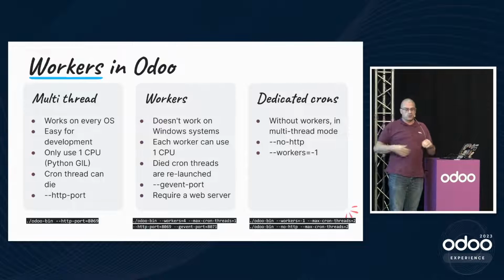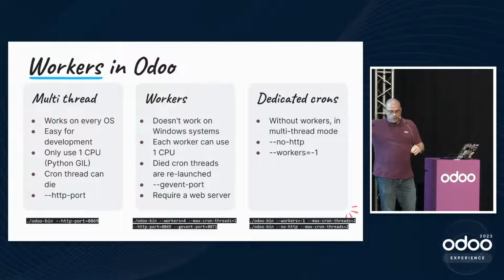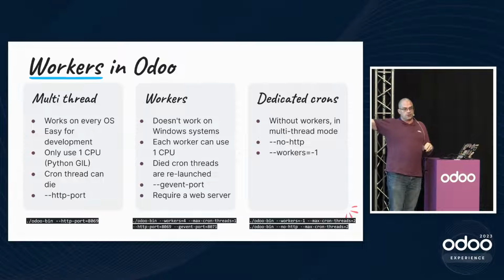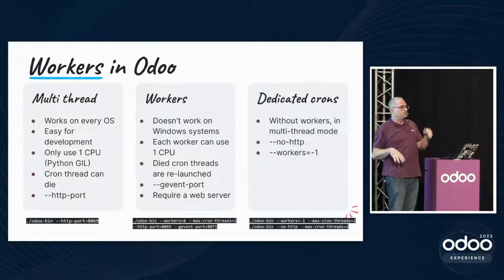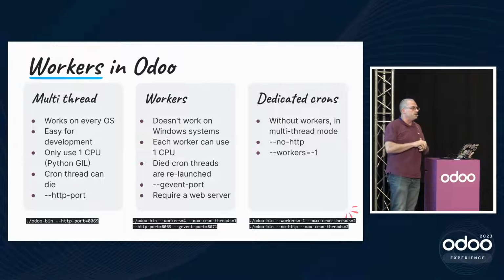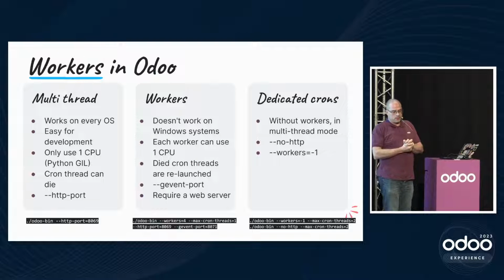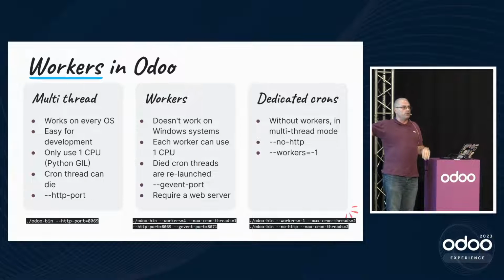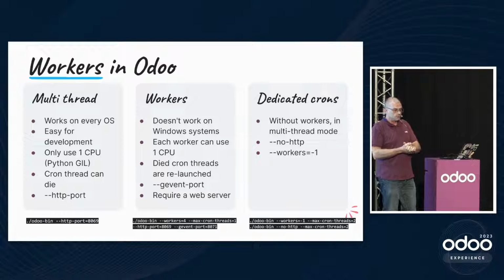So it's -1, and you specify the number of cron threads. The option is called cron threads, even if it's processes. So it's not the best naming of an option, but here it is. The other option is to launch with the --no-http option. The --no-http option means do not launch HTTP workers for your server.